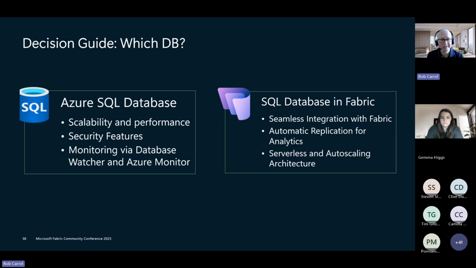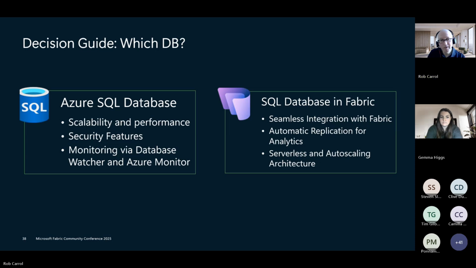It also gives you the ability to monitor your databases using Database Watcher, which is a monitoring tool for Azure SQL Database and SQL Managed Instance, and also Arc-enabled SQL servers are now supported for Database Watcher. So that's quite a nice tool.